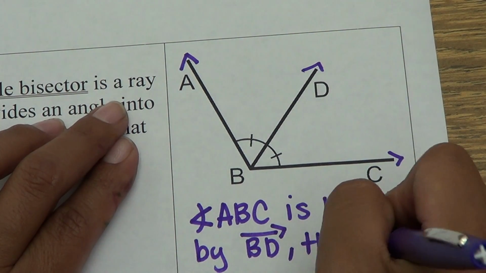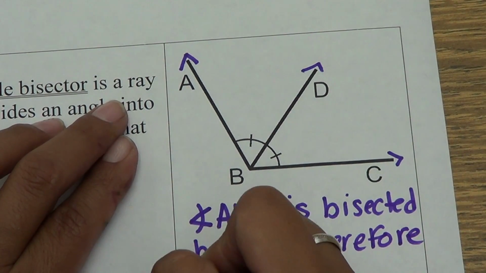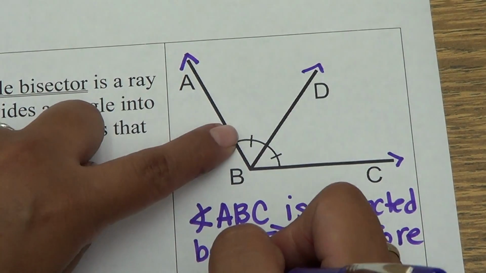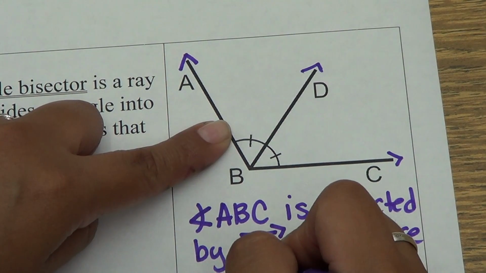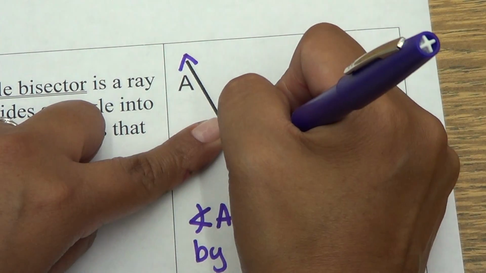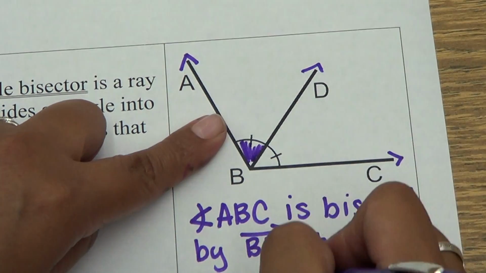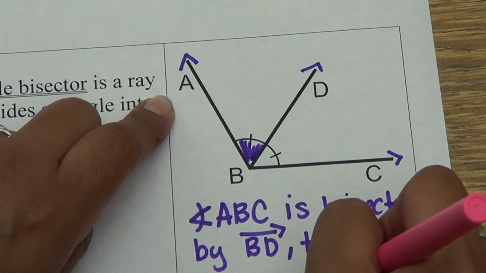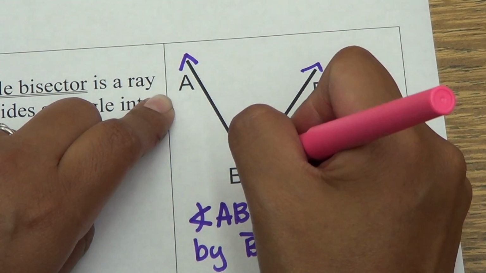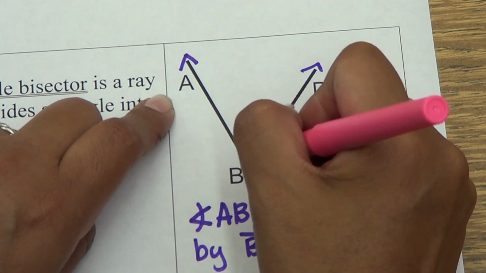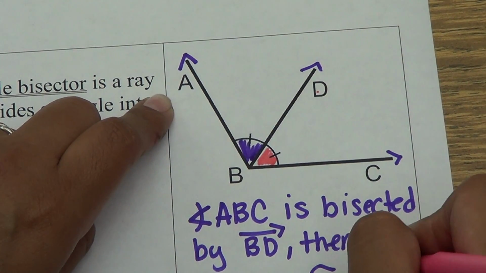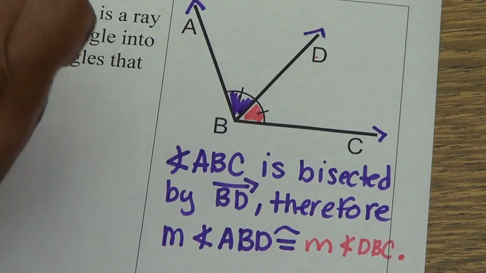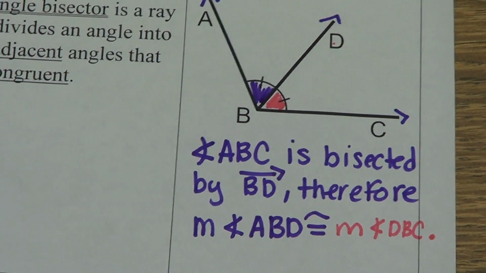Therefore, the measure of angle ABD, so this angle right here, is going to be congruent to the measure of angle DBC, which is this guy right here. Okay, sorry about that. So that's what we're saying here.